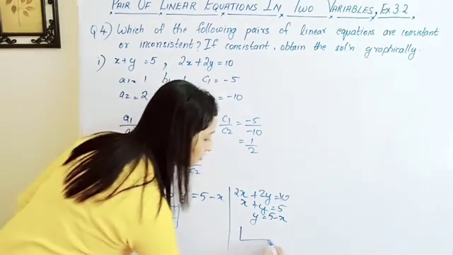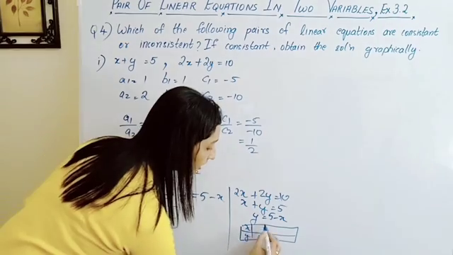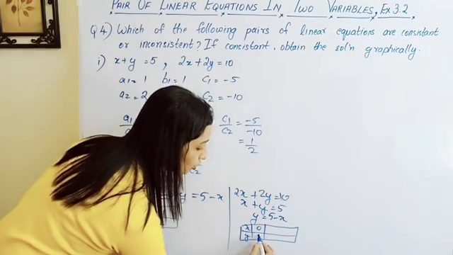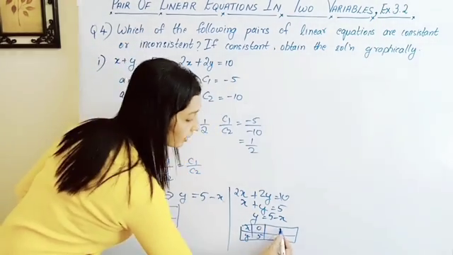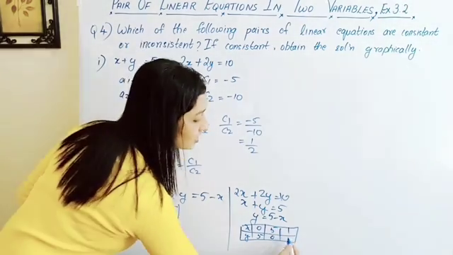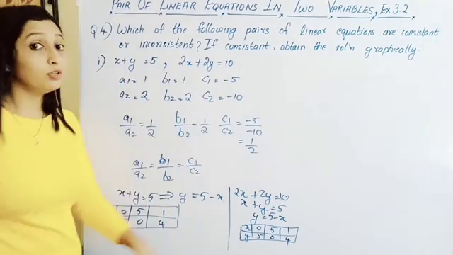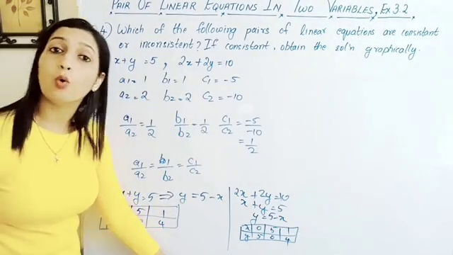So we get the same solution set: when x is equal to 0, you get y equals 5. When x is equal to 5, you get y equals 0. When x is equal to 1, you get y equals 4. And we've already said that the two lines are coincident.